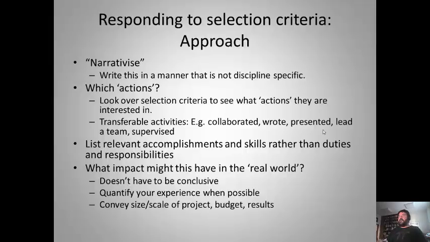And then talk about what kind of impact you have had in that area, in the sense of, can you quantify that if possible? So for example, if you're talking about teaching, bust out some of your mad teaching stats from student feedback. And if you're talking about your research, bust out some of your social media info about your altmetrics for that piece, or if it's been cited, all that kind of stuff.